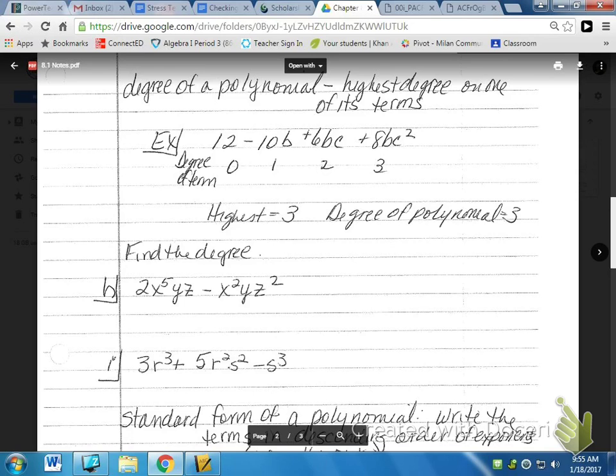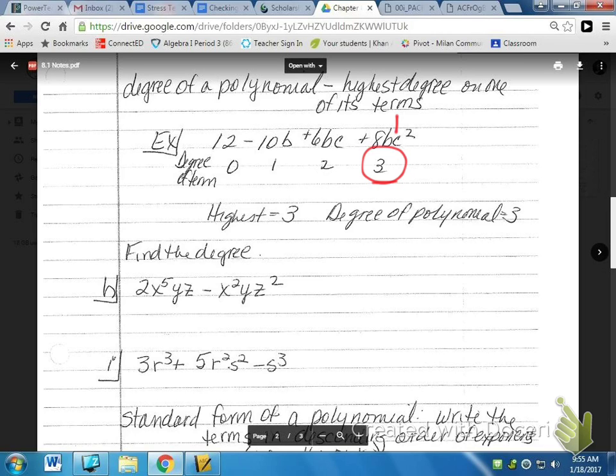Because in bc squared, there is a 1 on the b and a 2 on the c. So that makes that one a 3. Okay? So now we need to look at our two examples that go with this. 2x to the 5th yz minus x squared yz squared.